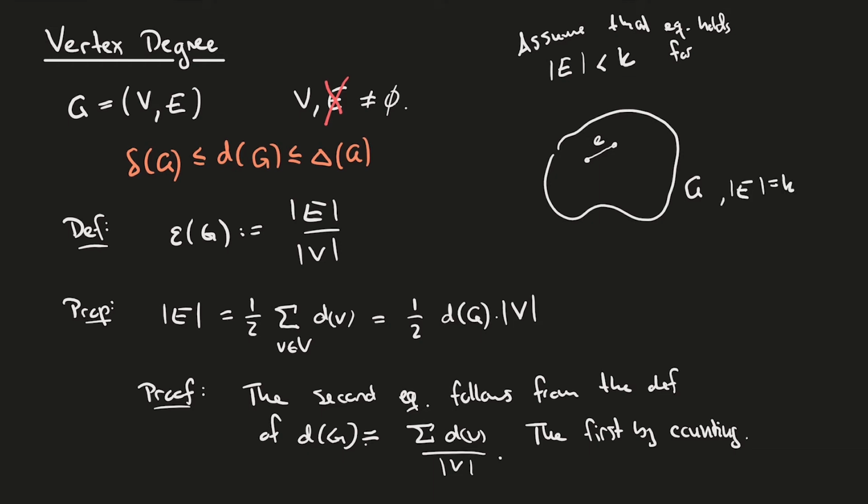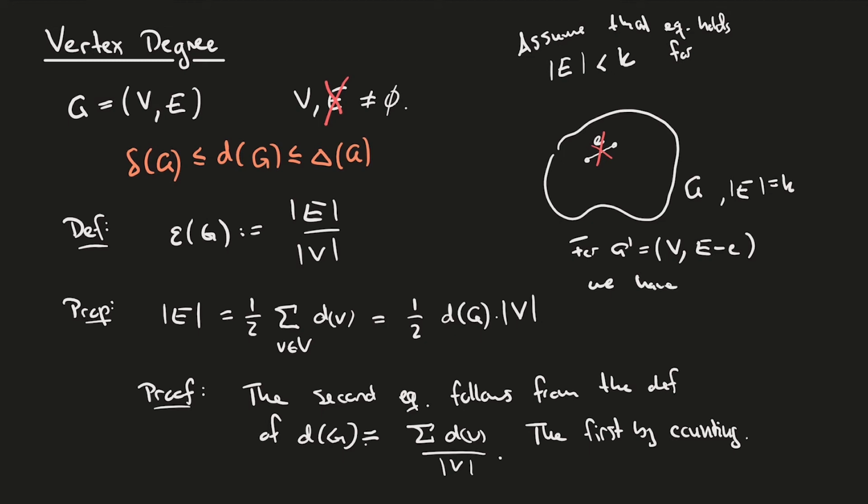And now we take a graph that has k edges, one of them called e, and now we delete e from our graph G and get a graph G prime, which has strictly less than k edges. Thus we get a graph G prime, which has vertex set V, because it still has the same vertices as G, but now it has edge set E without the edge e.